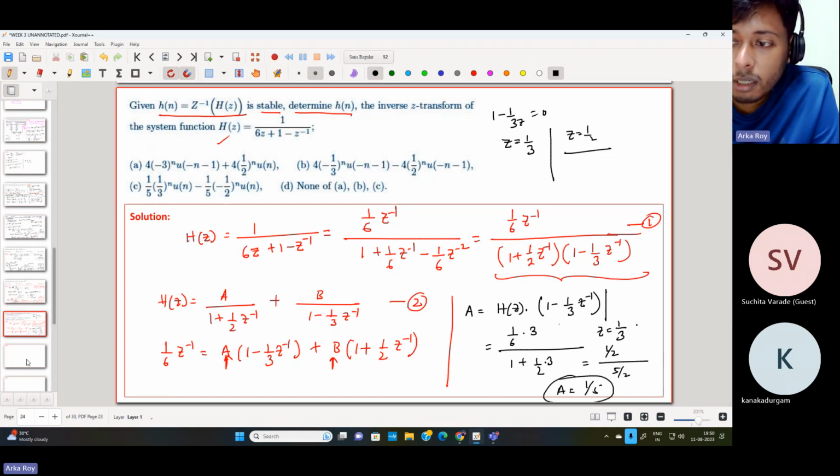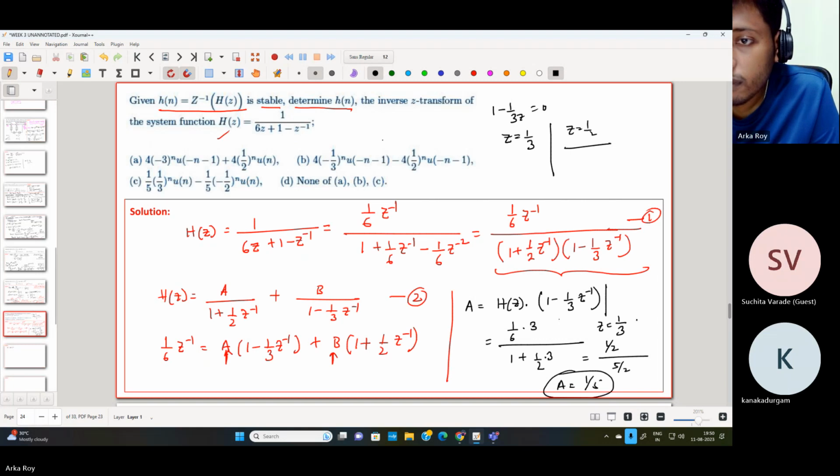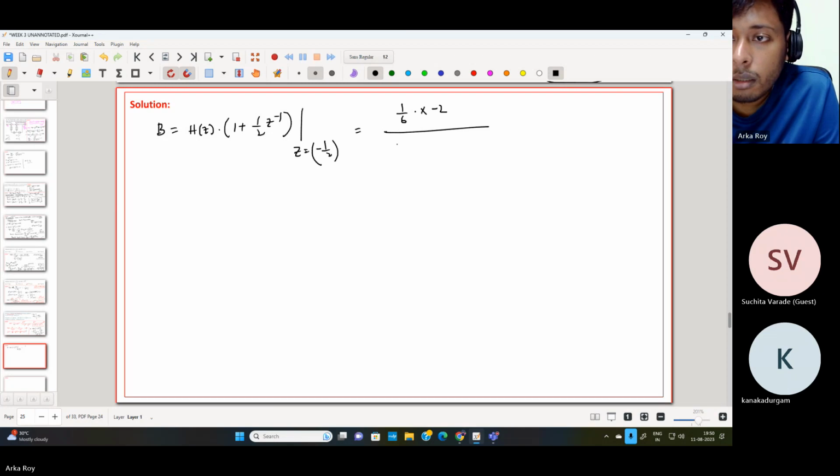Now we need to find similarly the value of B. So B is H(z) multiplied with 1 plus half z inverse, and here the pole will be z equals minus 1 by 2 because there is a plus sign over here. So z equals minus half. Now if I multiply, 1 by 6 multiplied with minus 2, divided by 1 minus 1 upon 3 divided by minus 2.